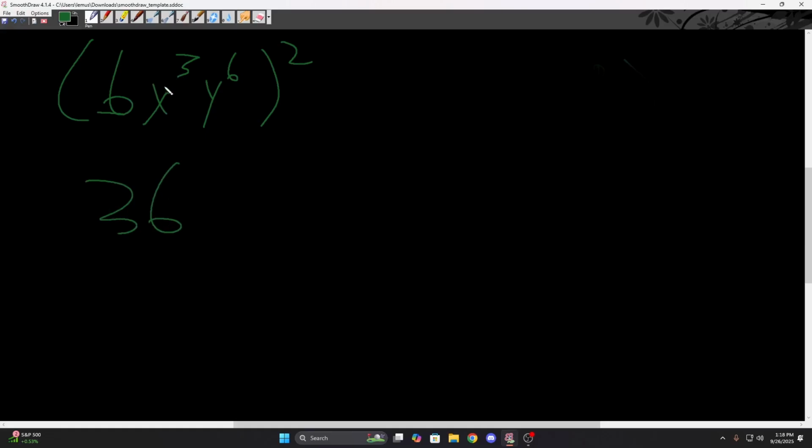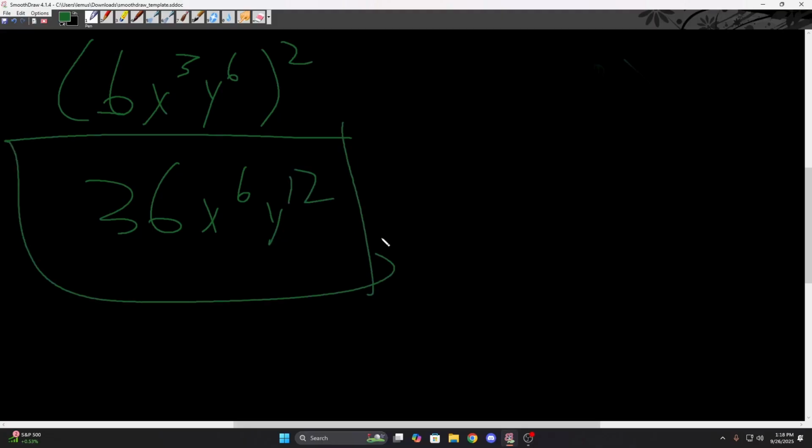And then in the exponent law rule, you just multiply the exponent with what's squaring it, or whatever it's being to the power of. So 3 times 2 is 6, and 6 times 2 is 12. This should be your answer. Oh wait, actually, yeah, I'm right. I was looking at a different question.